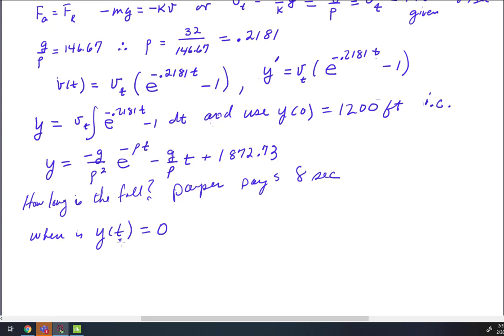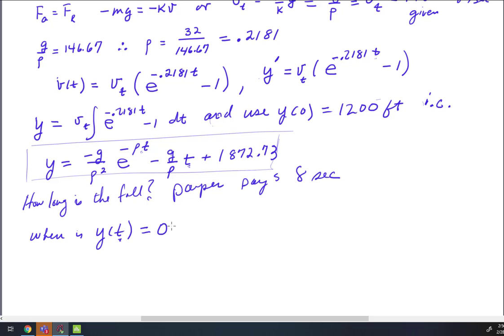That's the value of t that will tell me how long he fell. So I'm going to set this equation for y equal to 0 and solve for t. Now, that's going to present a problem because I've got t appearing as an exponent, and I've got t appearing as a linear factor, just as a t down here. So that's going to be a problem, but not too big a problem today.